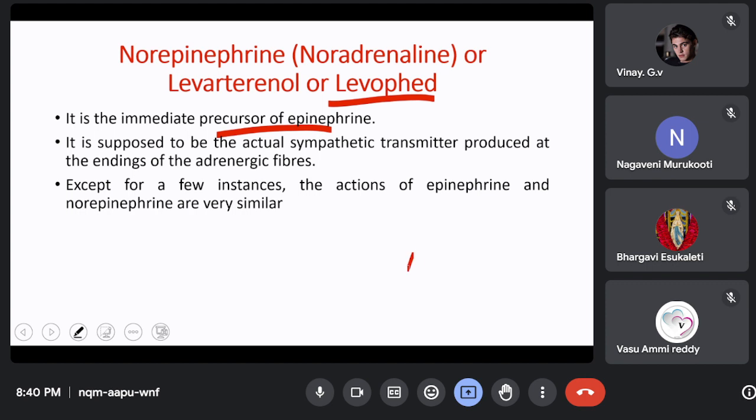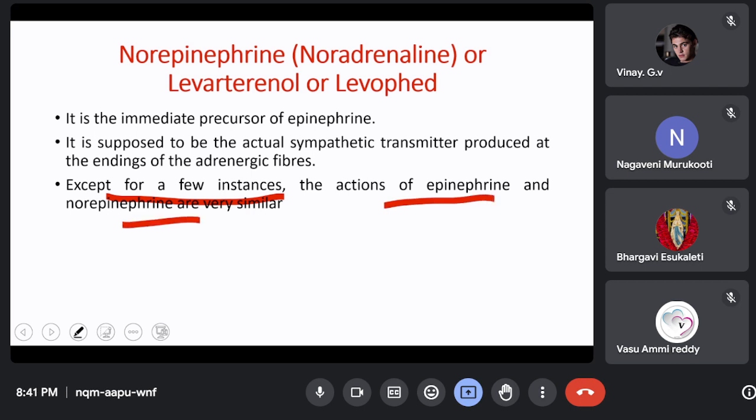We already have seen norepinephrine is first produced from tyrosine, and norepinephrine gives rise to epinephrine. Okay, except for a few instances, the actions of epinephrine and norepinephrine are very similar. So, all that we have seen are said to be attributed to norepinephrine also.